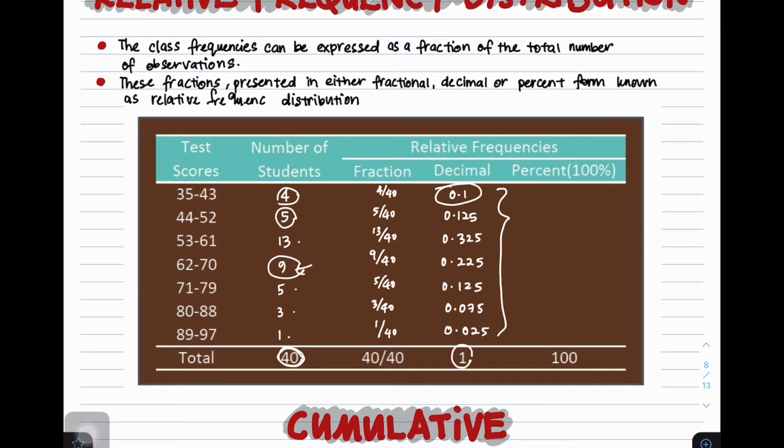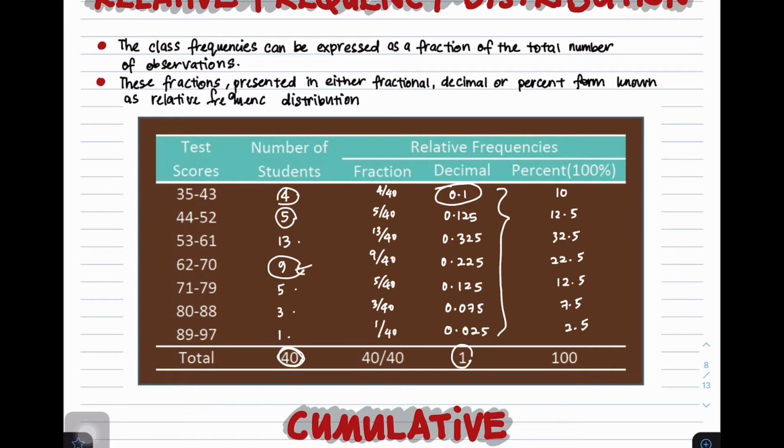It's very easy. 0.1 times 100, you will get 10 here. 0.125 multiplied by 100, you will get 12.5. 0.325 multiplied by 100, you will get 32.5. This one you will get 22.5. This one you will get 12.5. This one you will get 7.5, and the last one you will get 2.5. So this one is in terms of percentage.